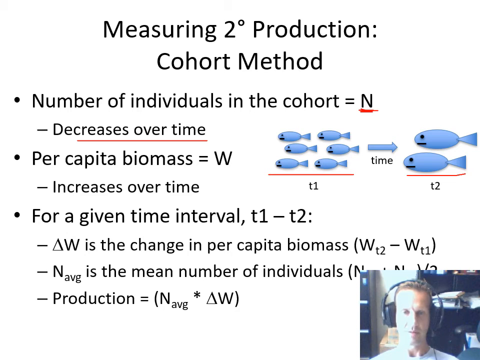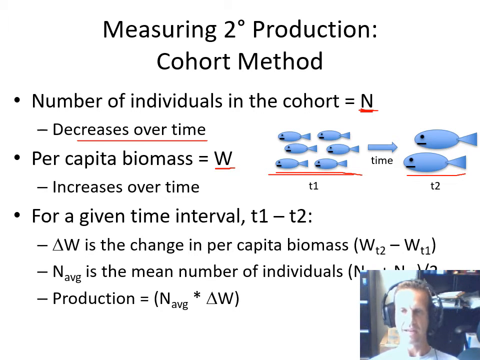But there's this other important term, W, which means per capita biomass. That means the average weight of an individual in the cohort. So the average weight of an individual in the cohort at the time one is pretty small because the fish were just born then. They're not very big.